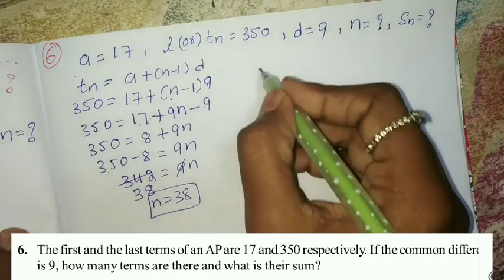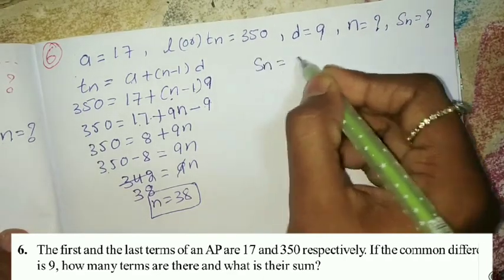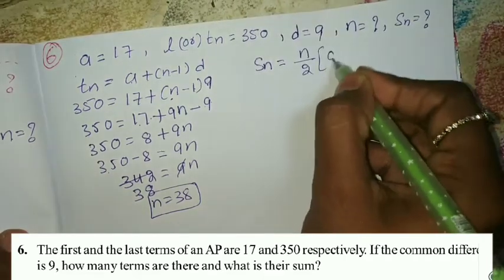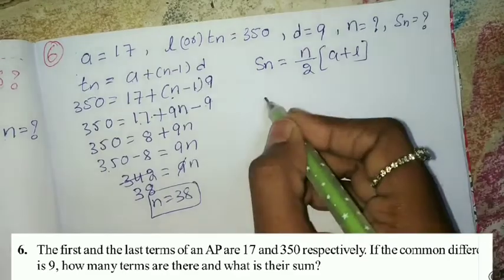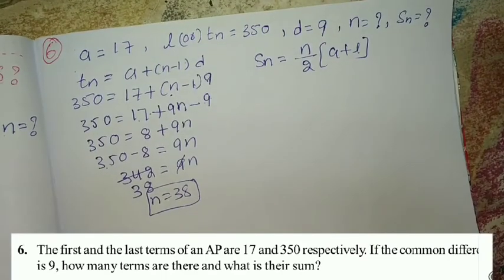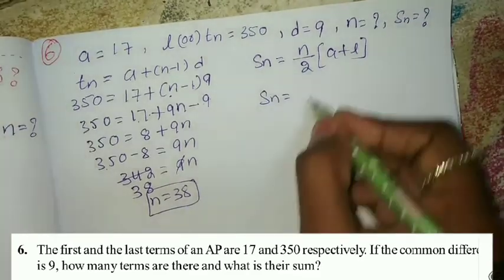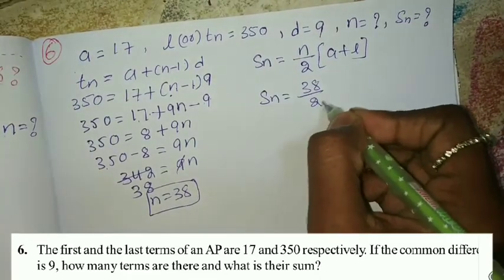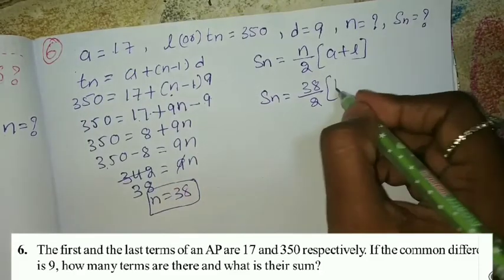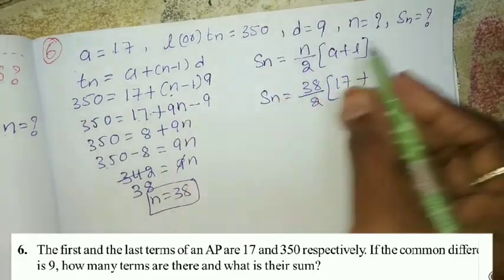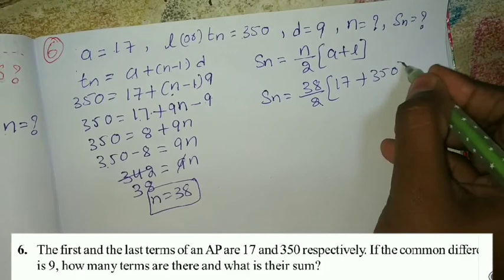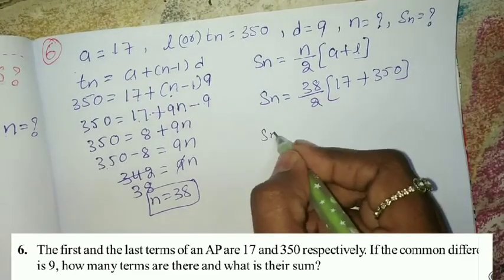And next we need to find Sn. Sn means n by 2 into a plus the last term. Sn is equal to 38 divided by 2 into a, 17, plus L, 350. Are you getting it?